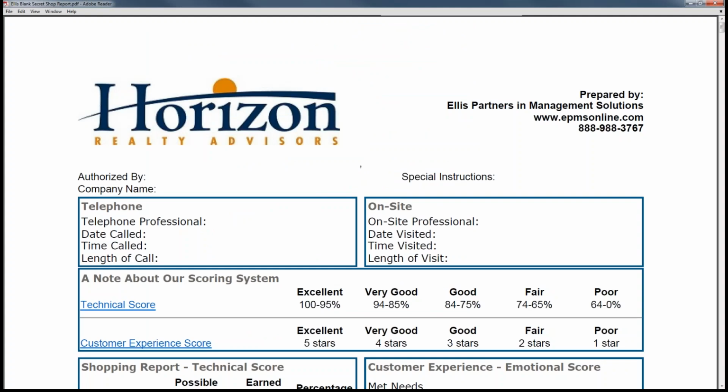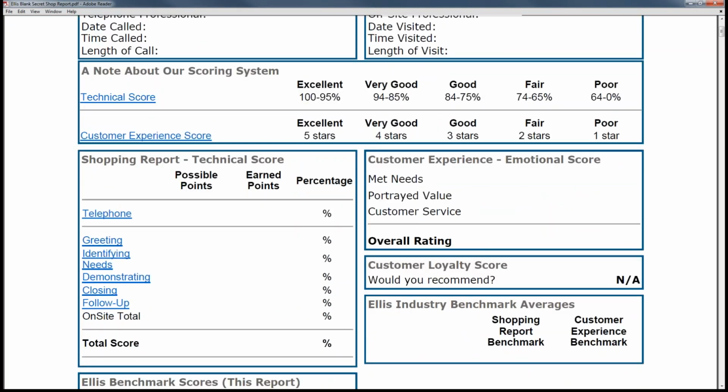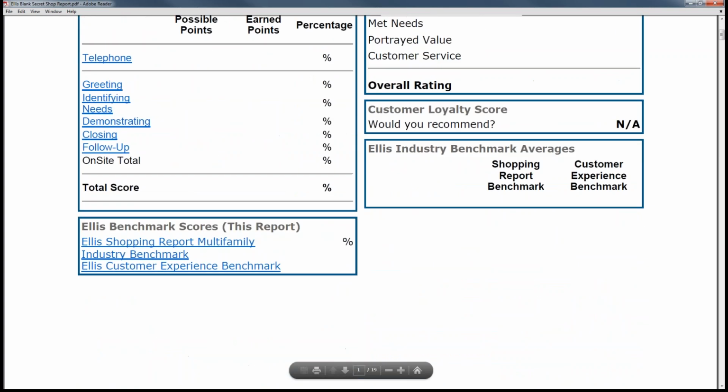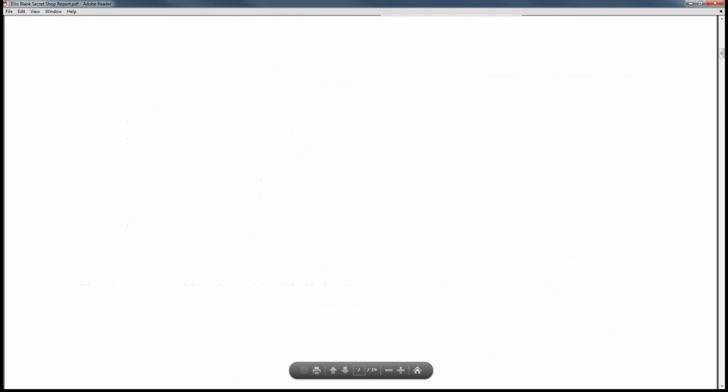Okay, so this is an example of a blank shop report. This will be where all the scores are, and then it will give you a lot of detail.